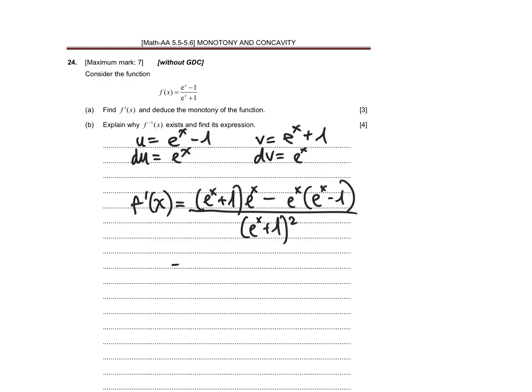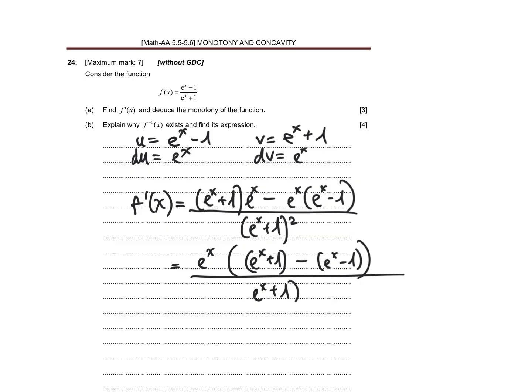So we can factor out an e to the x. So that's going to be e to the x plus 1 minus e to the x minus 1 over e to the x plus 1 squared. So this e cancels, e to the x minus e to the x, and 1 minus -1 is 2.